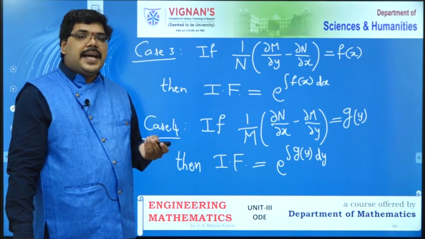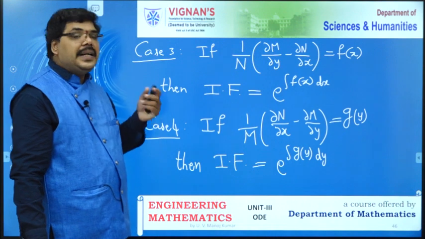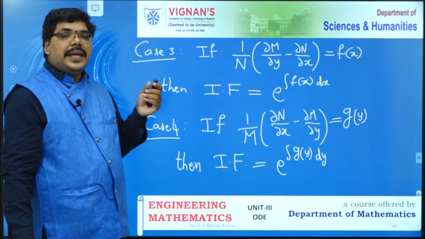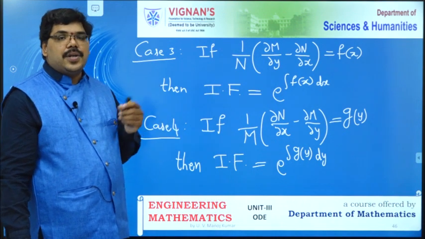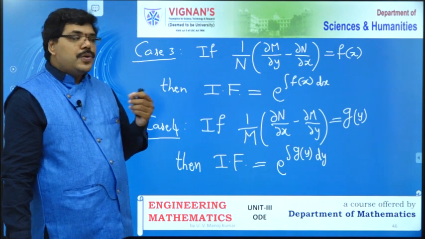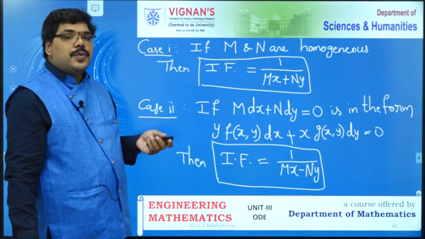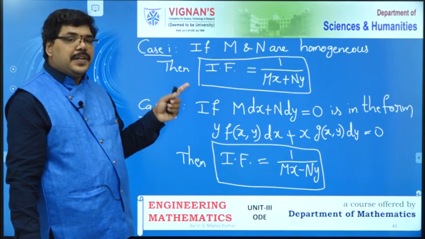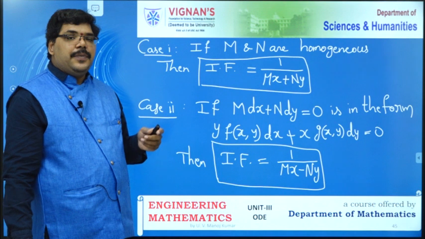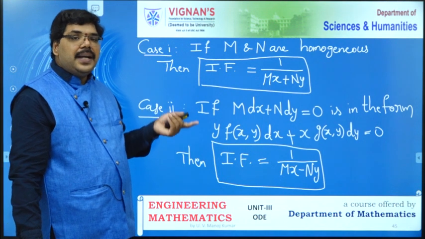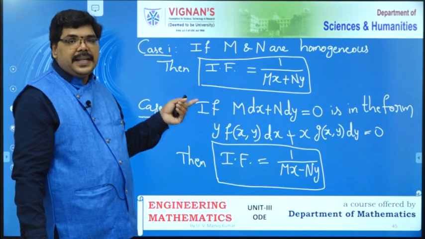If it is not exact, there are four different cases in which we can reduce it into exact and solve. So far we have seen four different cases in which we can reduce a non-exact differential equation into an exact equation. How? By finding and multiplying with an integrating factor.